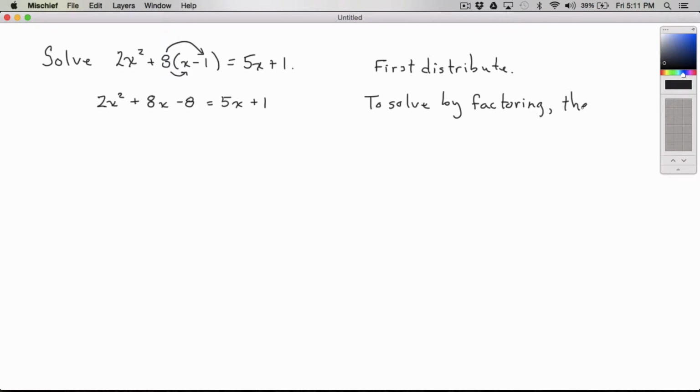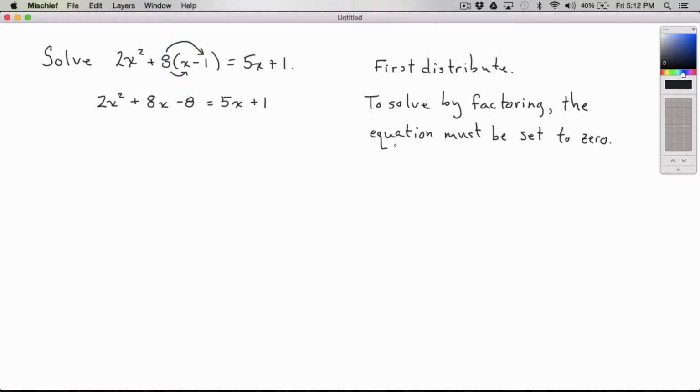Now, in order to solve by factoring, the equation must be set to 0. You can move all the terms to the left-hand side of the equation, or you could move all of the terms to the right-hand side.